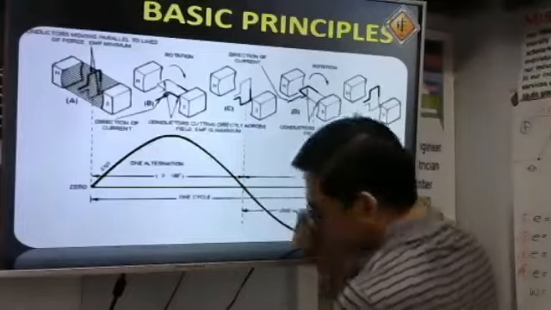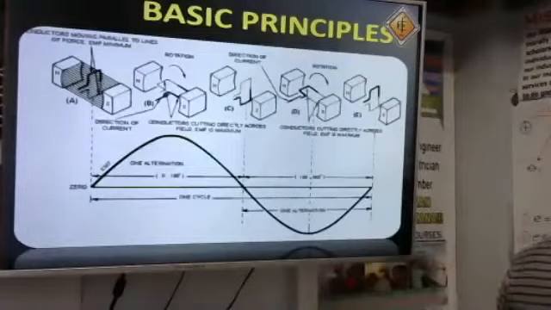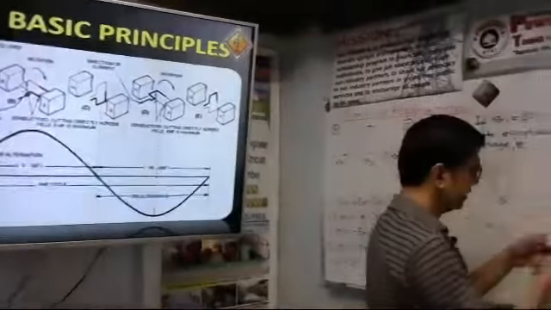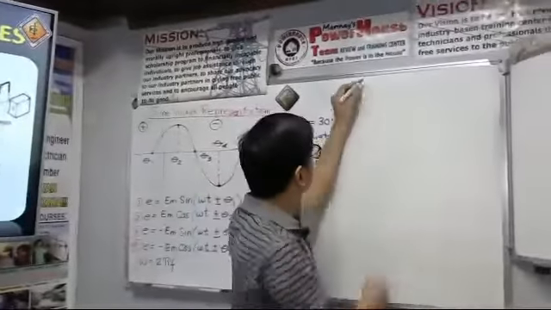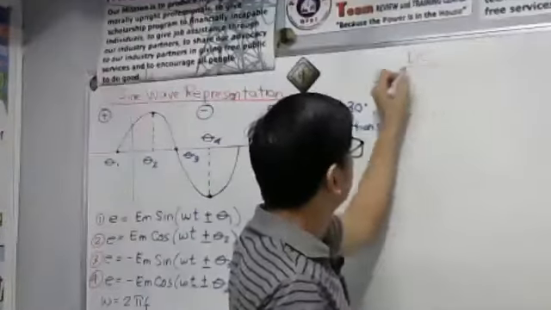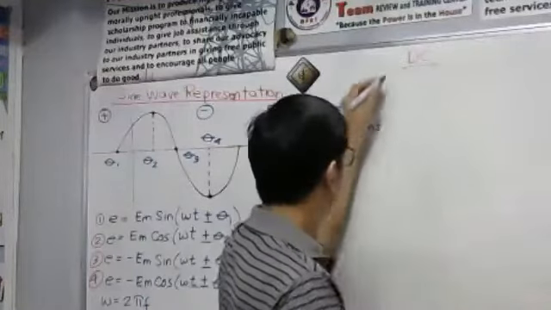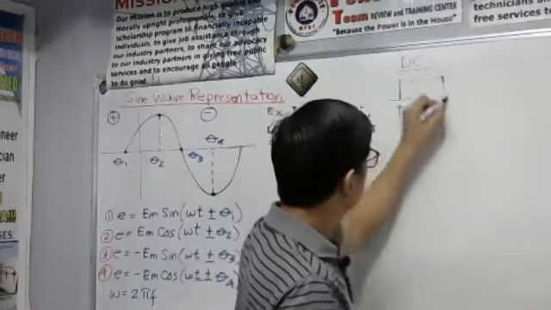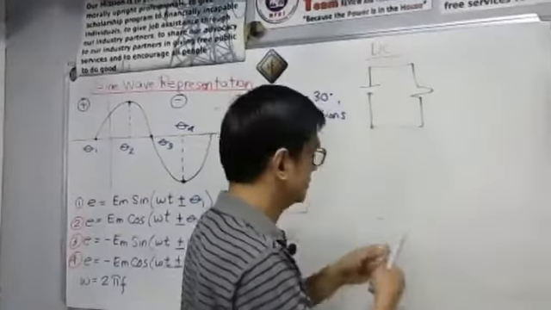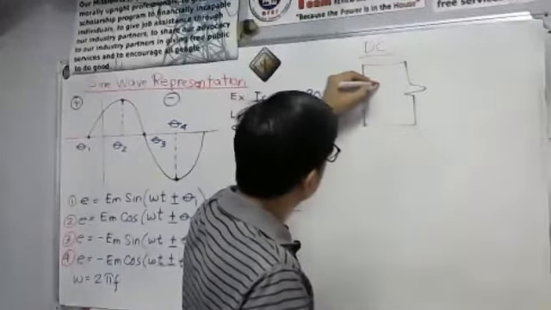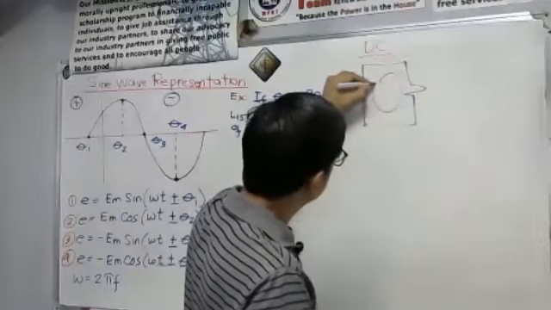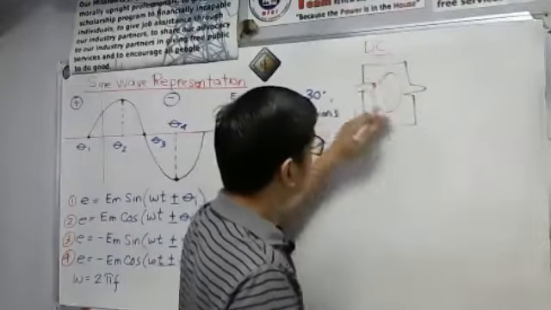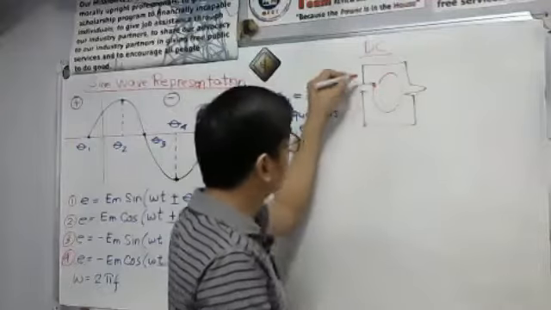Now, if we have AC, let's have first our DC. If we have a DC, direct current, let's say we have a battery here, we have a load resistor here. Okay, so we have here only one direction. Usually we use the conventional flow from positive to negative.